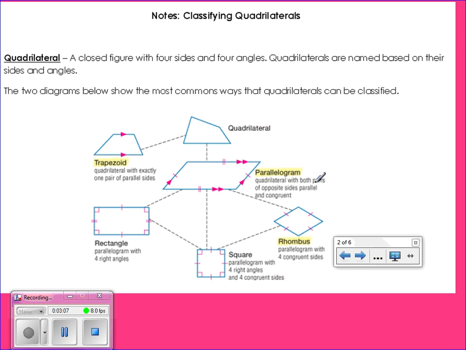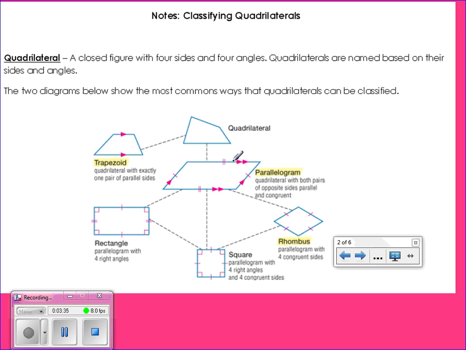And then the other part of the definition of a parallelogram is that the opposite sides are also congruent. The left and right side both have one little hash mark. They're the same length. Then the top and the bottom have double hash marks. They're the same length. Okay, so we have two pairs of parallel and congruent sides for the parallelogram.